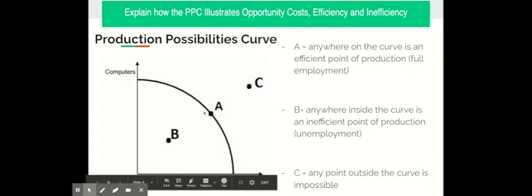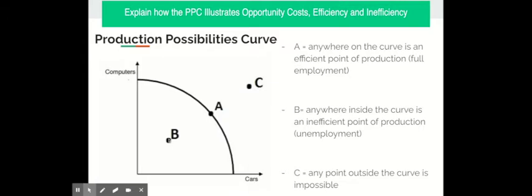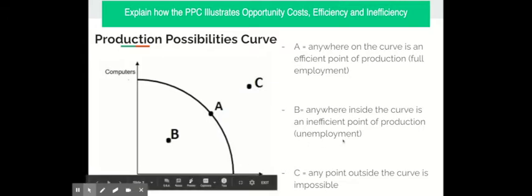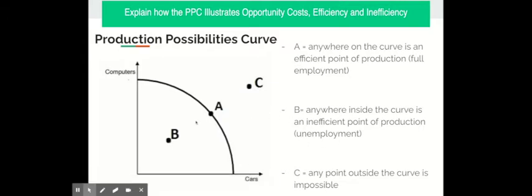So let's say that this was making 12 computers and 10 cars. This would be like making 5 and 5. You're wasting your potential. You could be out here, but we're inside here for some reason right now, generally due to unemployment happening during a recession. So inside this curve is going to be representing inefficient production, generally a recession.